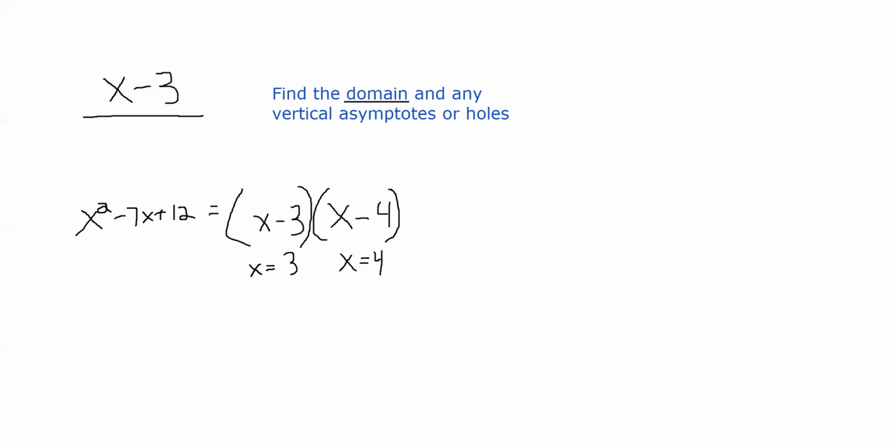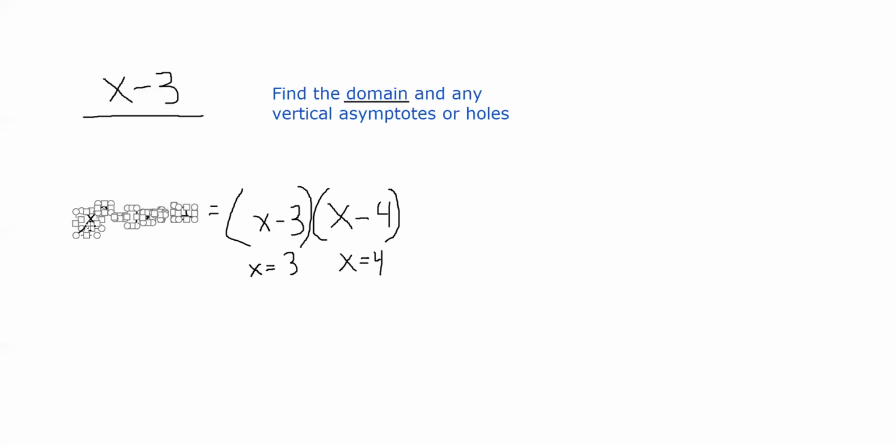And so those are going to be the things that are not in the domain because they make the denominator go to 0.